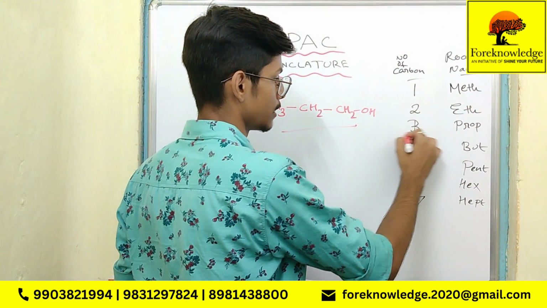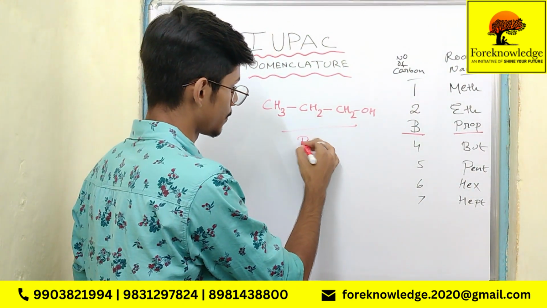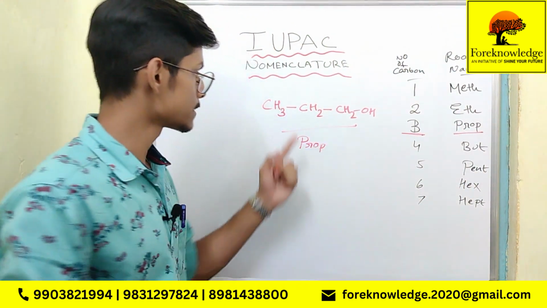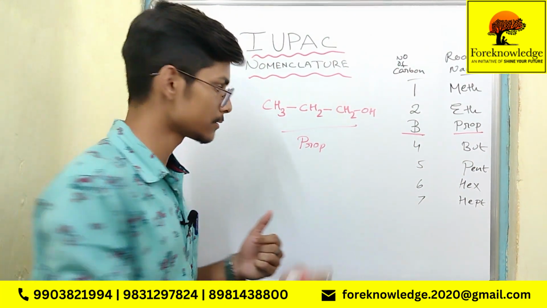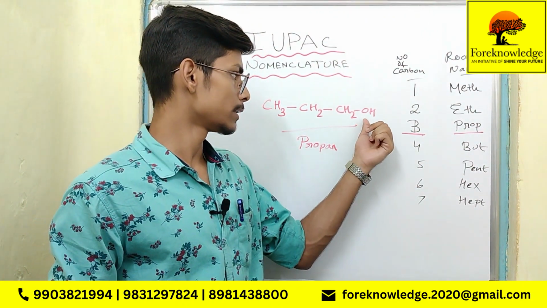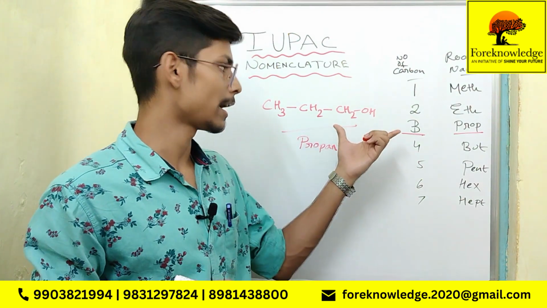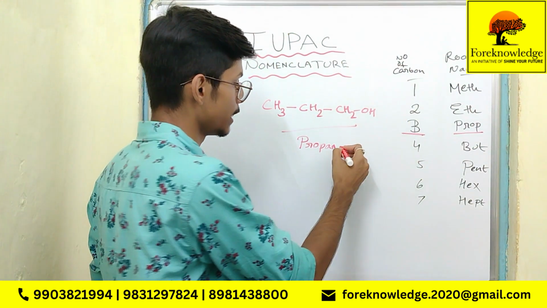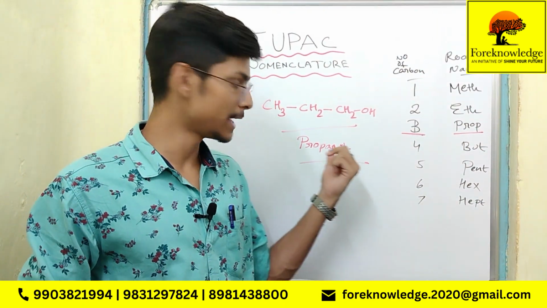Therefore, its name will be prop. As we can see, all single bonds are present between the carbons. Therefore, it is an alkane, so "an". And as I have told you, we have to write "ol" at the end of a compound having an OH group. So the name of the compound is propanol.